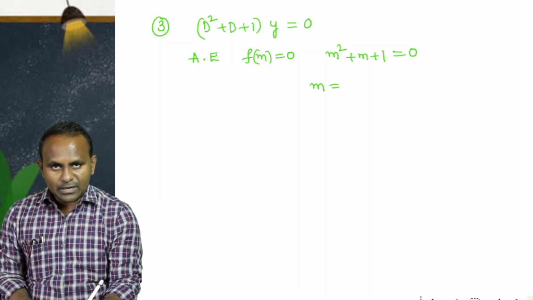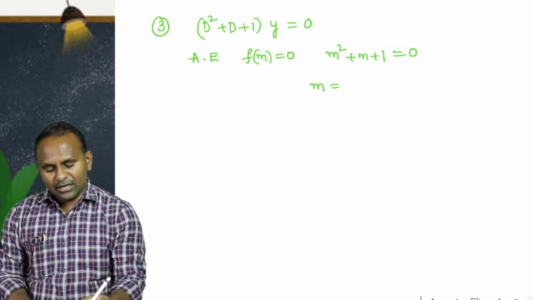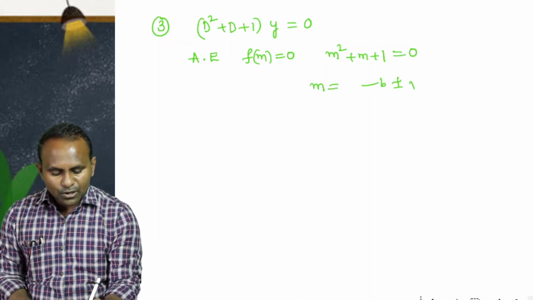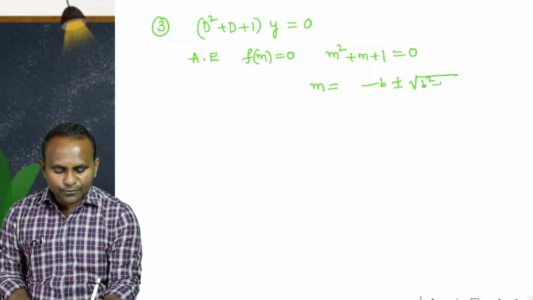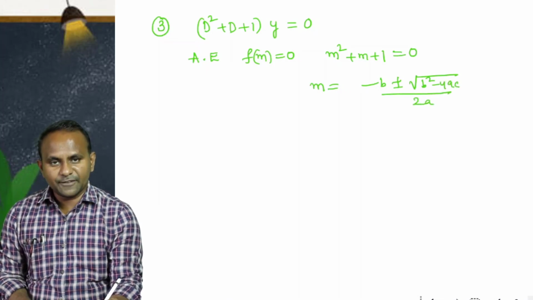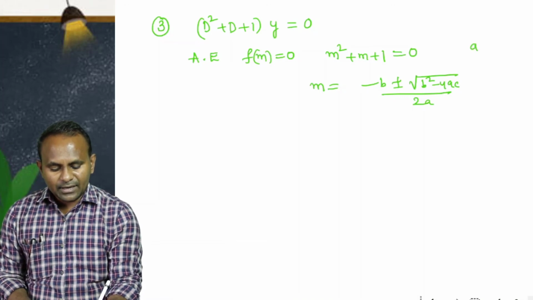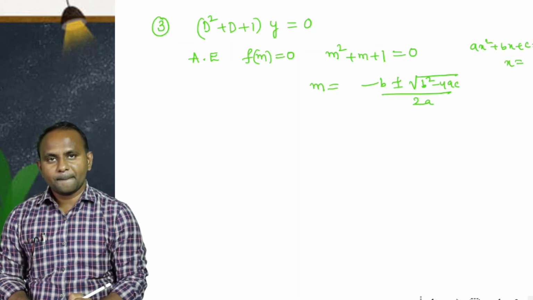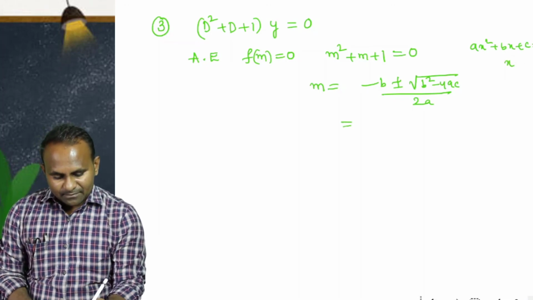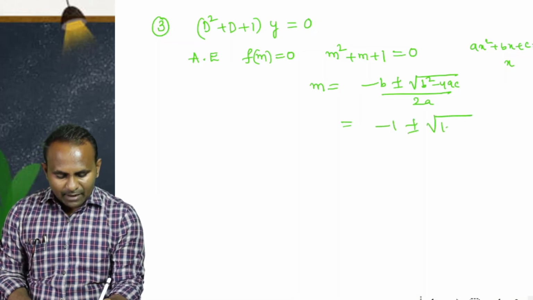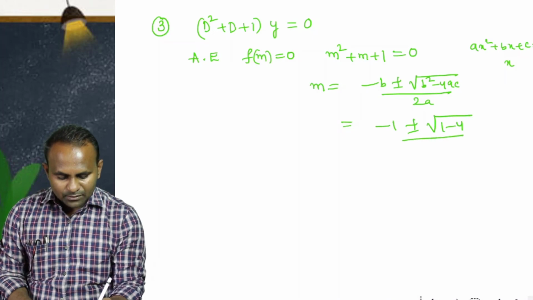Since this is a quadratic equation, you will get complex roots. I am using the formula: m equals minus b plus or minus the square root of b squared minus 4ac, divided by 2a. I hope you are all aware of this formula, wherever ax squared plus bx plus c equals 0 is the equation. Minus b means minus the coefficient of m, so minus 1 plus or minus the square root of 1 minus 4, over 2.